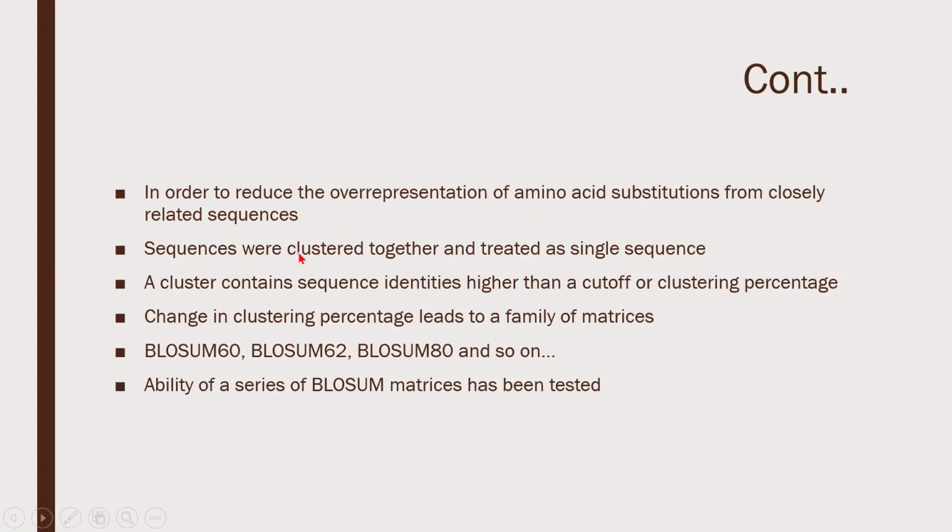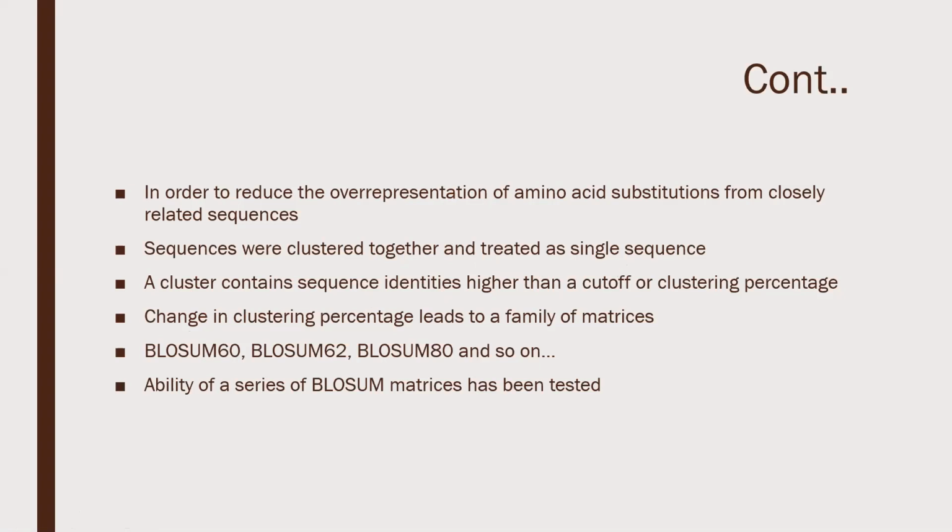So the very closely related sequences are grouped together, and each group is treated as a single sequence. A cluster contains sequence identities higher than a cutoff value, or we can call it the cluster percentage. I hope you are able to follow.